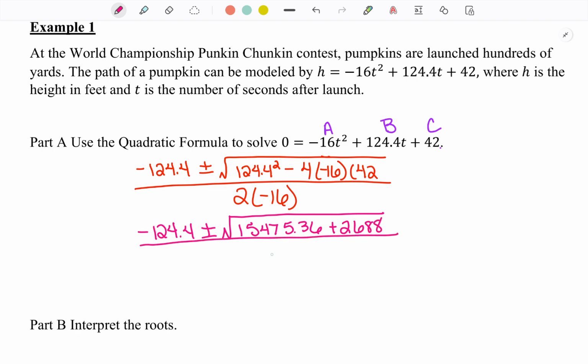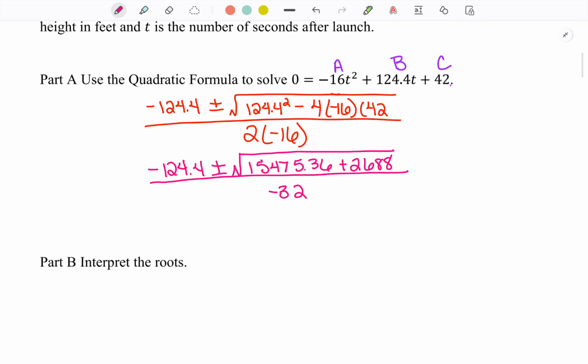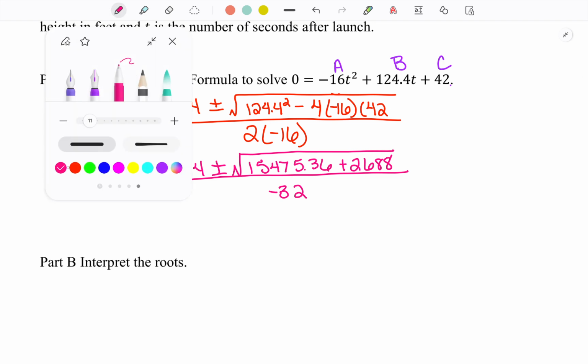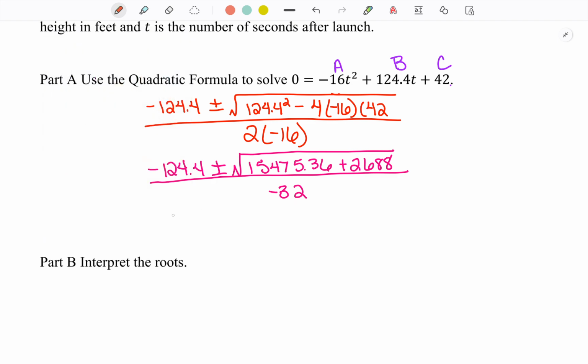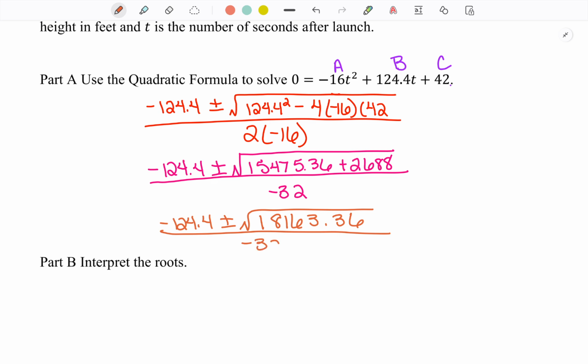That is all going to be over negative 32. So then we are going to add together what is underneath that radical. That gives us 18,163.36, and that's still over negative 32.